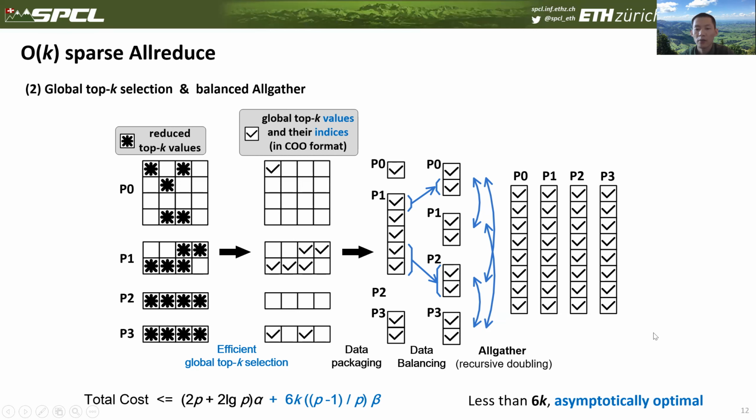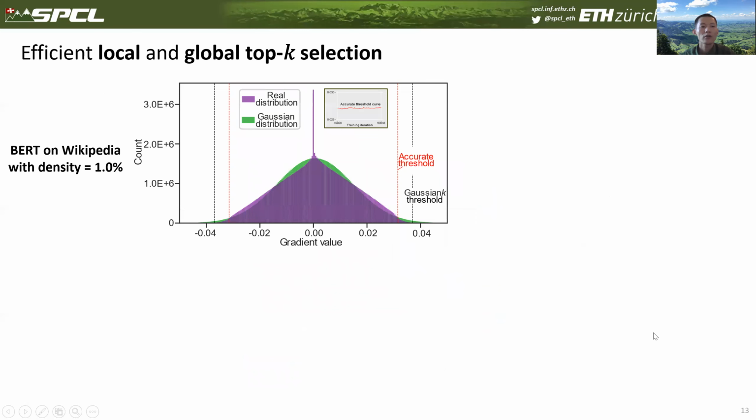Now let's look at how to efficiently select the local and the global top K values in OK top K. Here we use BERT pre-training on Wikipedia as an example. In this figure, the purple histogram shows the real distribution of the gradient values randomly selected from a training iteration.